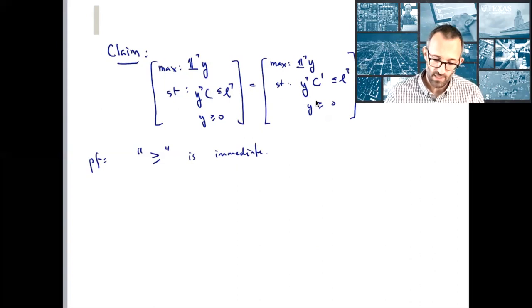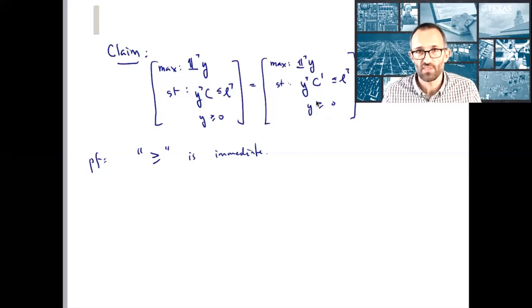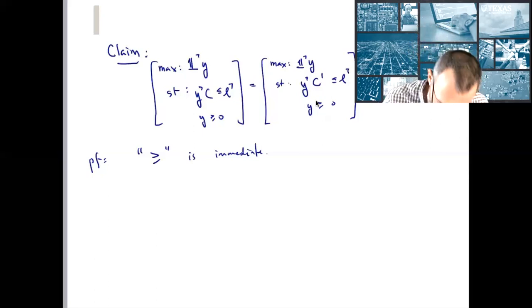Okay, but what's going to give us the reverse inequality is that the maximizer of the right-hand side is easily obtained from the assumed maximizer of the left-hand side. So this is also easy.